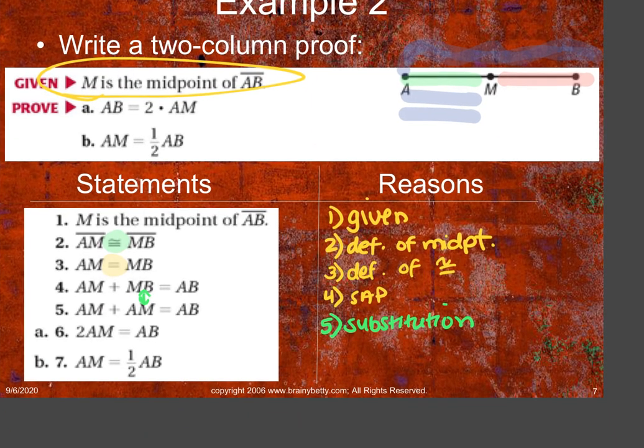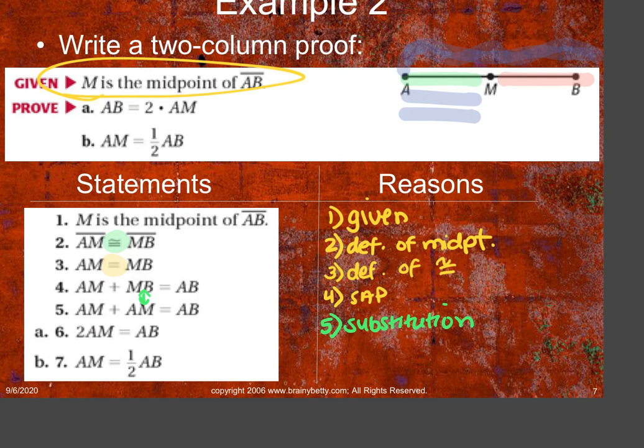All right. 6A says 2AM equals AB. What did you actually do there? What's weird is, yes, you're adding two things, but the addition property of equality says I'm adding to both sides of the equal sign, okay? So this we have not done yet. You are taking two things and combining them. You are combining like terms there, right?